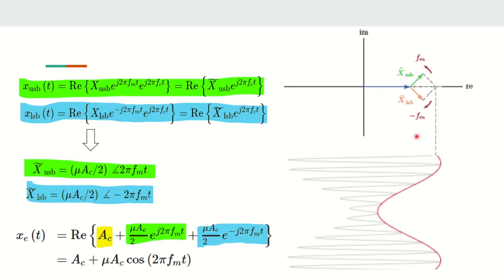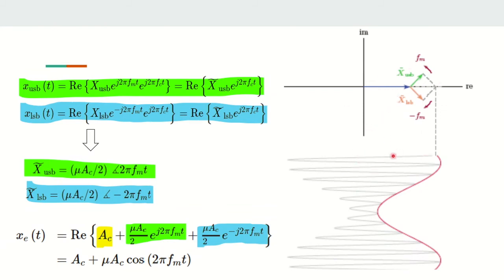Once we plot them, we can see our phasor diagram here, with the blue corresponding to the carrier, the green corresponding to the upper, and the orange corresponding to our lower sideband. Our carrier will be rotating counterclockwise. Our upper sideband will also be rotating counterclockwise, while our lower sideband will be rotating clockwise or in the negative direction.